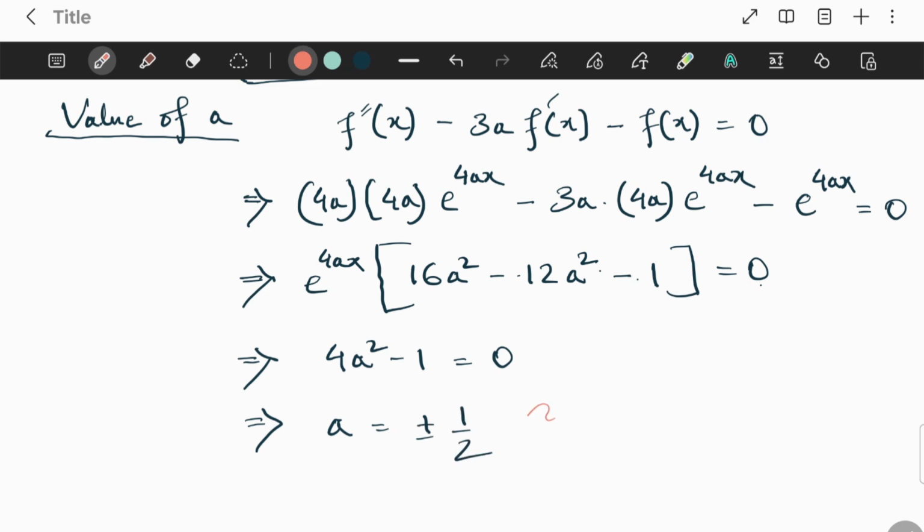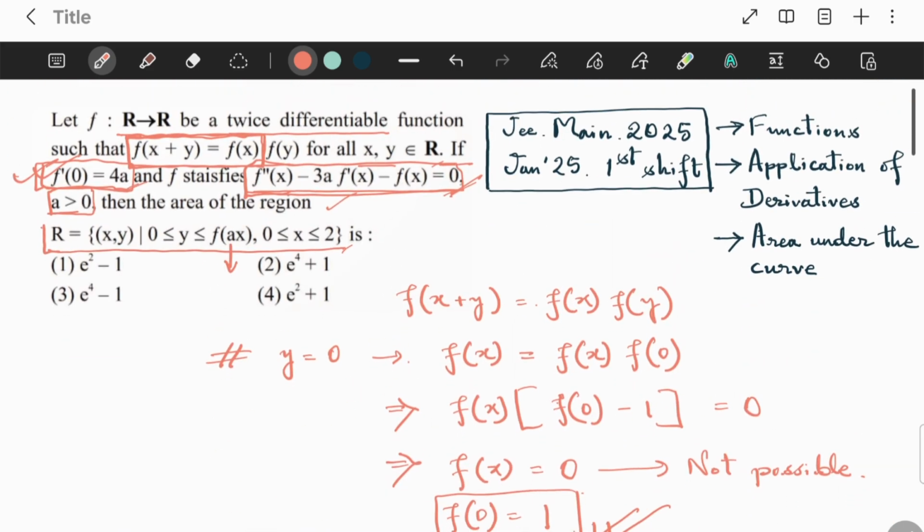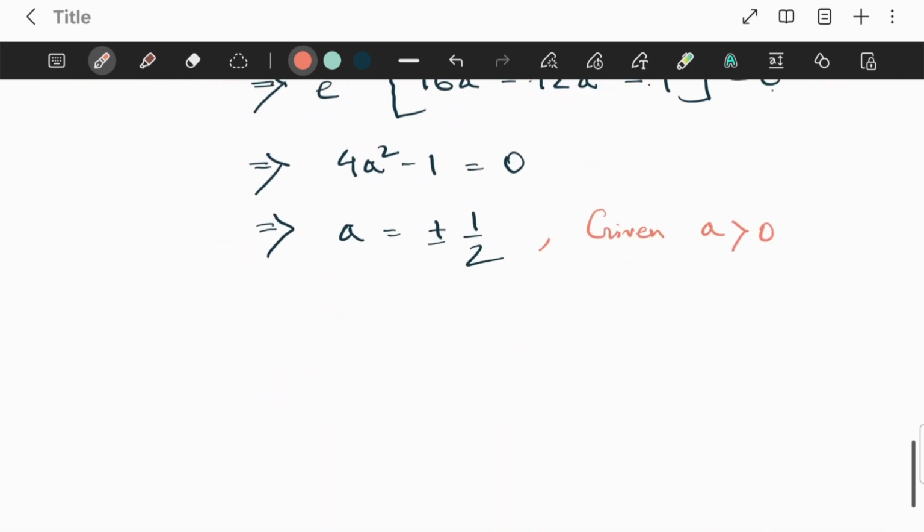However, there's one point that the question gives us: a is greater than 0. So remember, it is given that a is greater than 0. Hence a equals half.